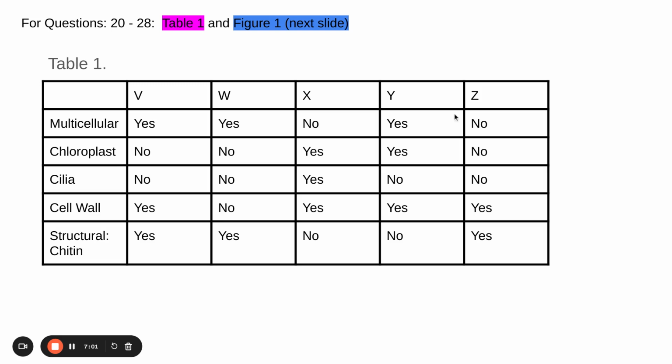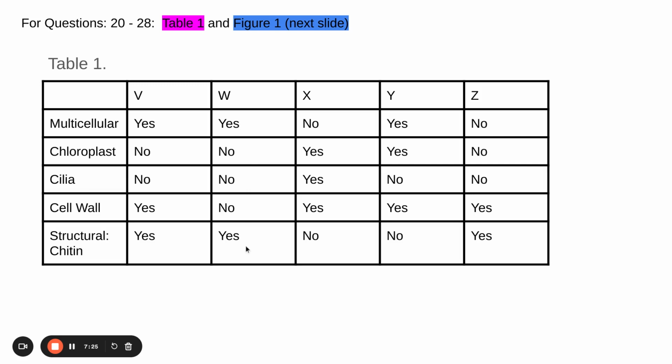Multicellular, yes. Chloroplast, no. Cilia, no. Cell wall, no. Structural chitin, yes. Not us, but some animals have chitin in their shells. So it means that animals are organism W.